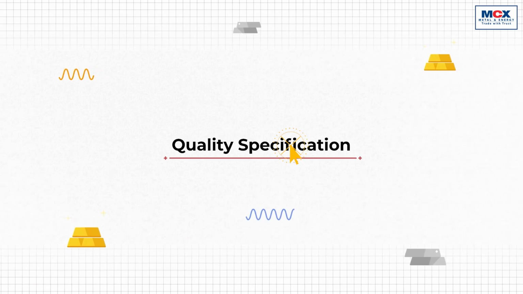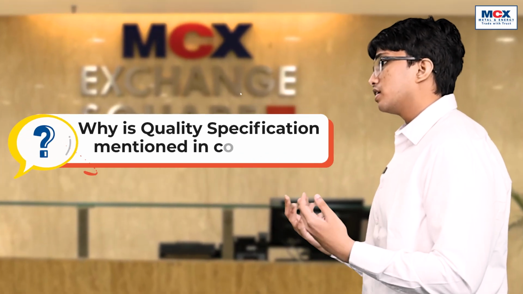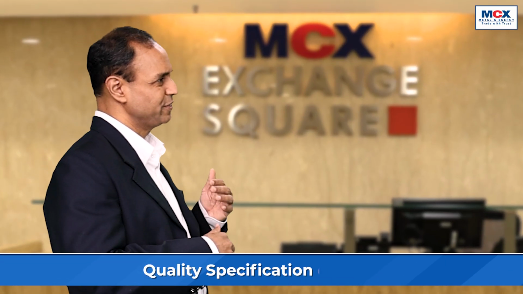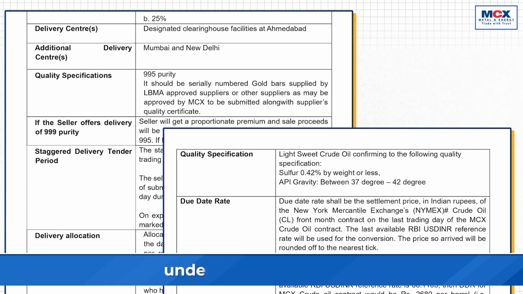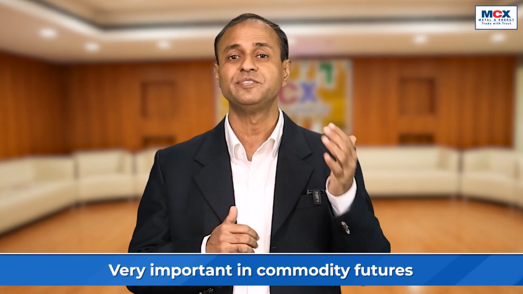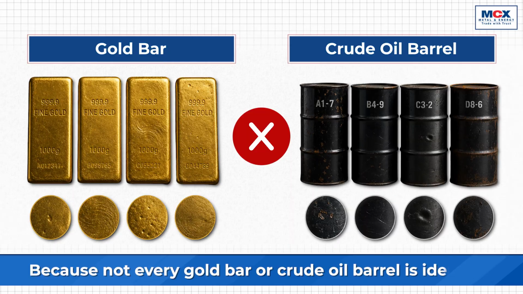Quality specification. Why is quality specification mentioned in contracts? Quality specification defines the standard quality of the commodity underlying the contract. This is very important in commodity futures because not every gold bar or crude oil barrel is identical.